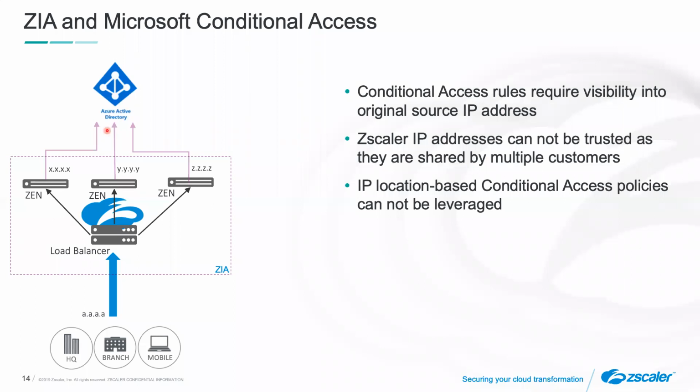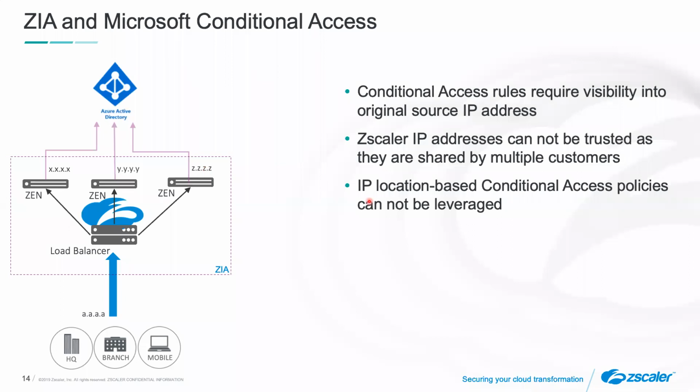So if they want to create a rule that says only people from my office are allowed to access this application, then trusting the Zscaler IP address does not necessarily ensure that, because this IP address can also be seen when another customer is using this ZEN. So basically, whenever any customer is going out, they would end up using one of these IP addresses as their source IP address.